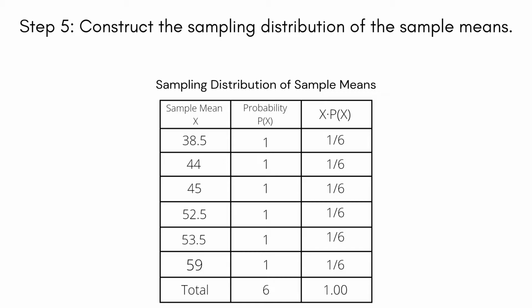In the third column, the probability of all the sample means is 1/6. When we add up all of the values in the second column, we get a total of 6. When we add all of the values in the third column, we get a total of 1.00.